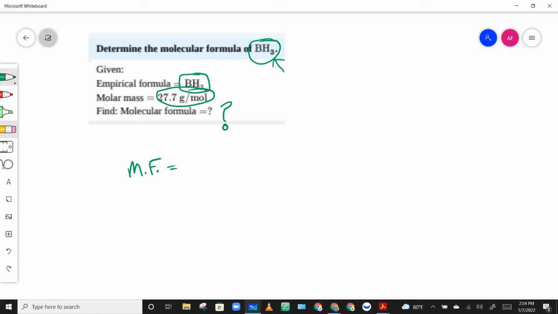We're going to look at the molar mass of the molecular formula over the molar mass of the empirical formula, and we'll get a number. That number will be the number we multiply the empirical formula by.